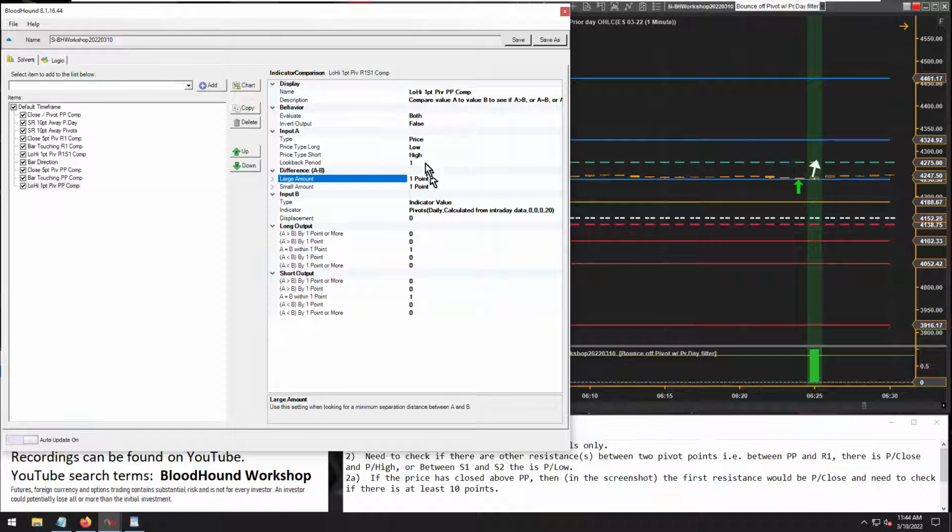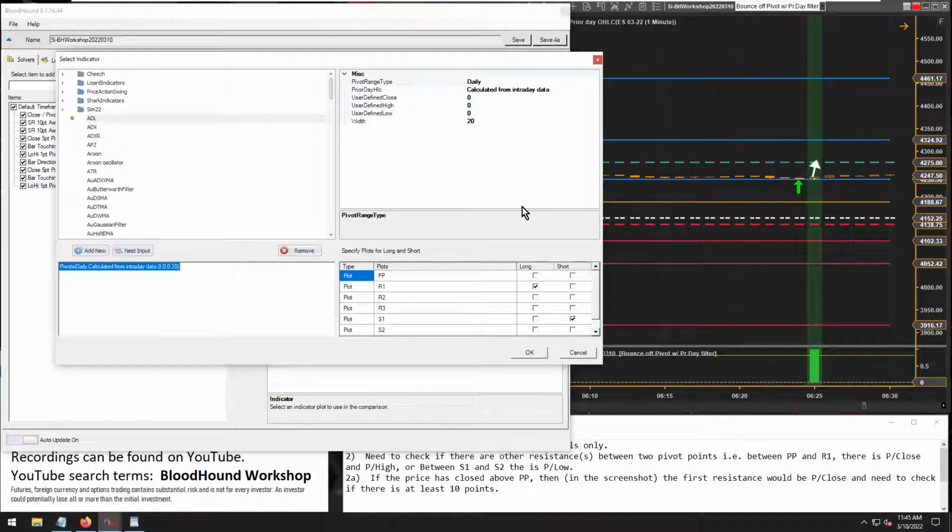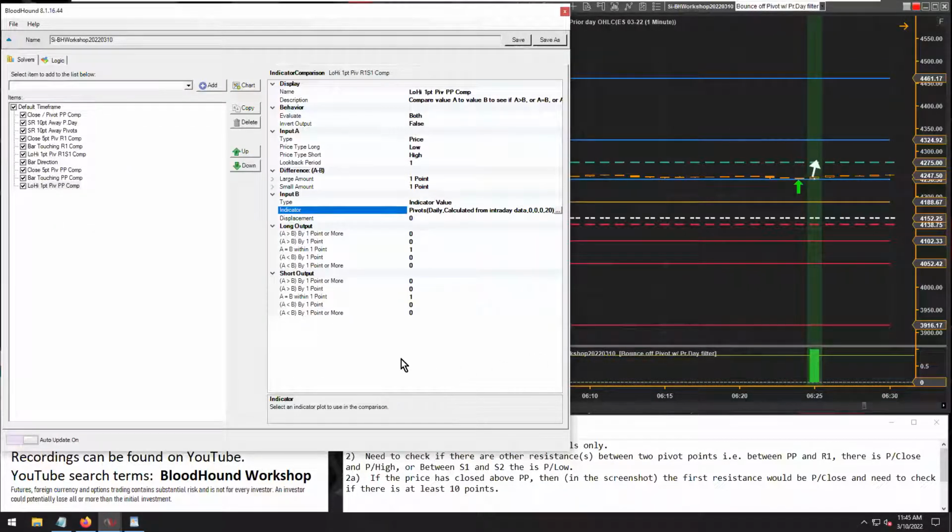So that's either the low or the high coming within 1 point of the PP line for the possible bounce. So open up the indicator and select the PP plot like so. And there we have it. All right. Yep. I think we got them all. I think we have all the comparison solvers that we need for the PP line now set up for us.